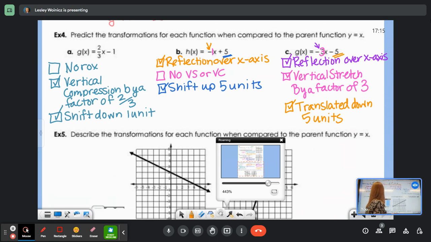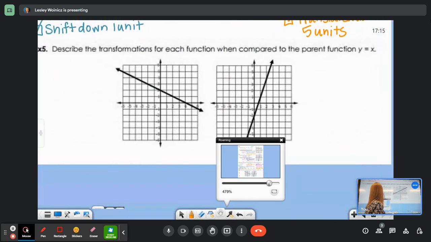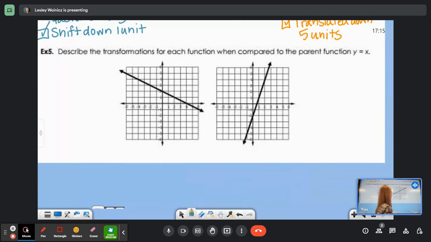All right, so the next two, we just have to look at the pictures, which will be nice, I guess. Okay, so just for comparison, let me put the parent on here for both of them. So compared to my parent, you can see that I have a negative slope. So I know that this one has a reflection in the x-axis.